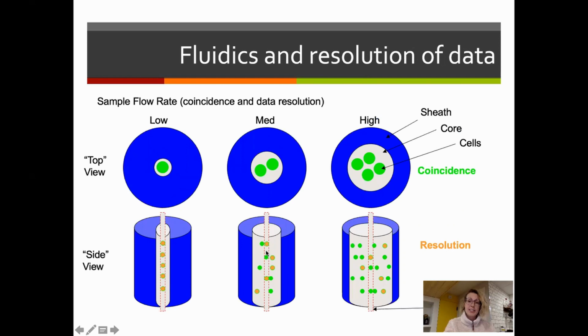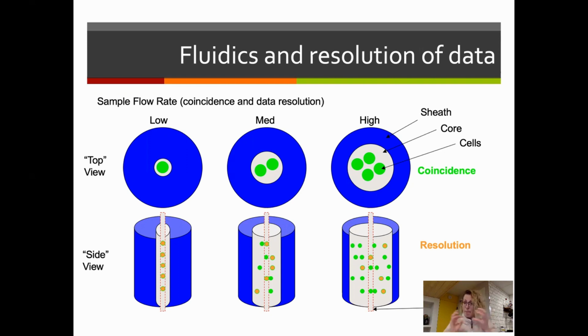We have a chance of more cells going through at once, so coincidence, but also a chance of more cells going through the machine out of focus, which diminishes the resolution. So the fluidics play a really important role in getting good, clean data out of your samples. The slower you run a machine, the better resolution you'll have to detect your fluorochromes, but also you'll have a better population of single cells.